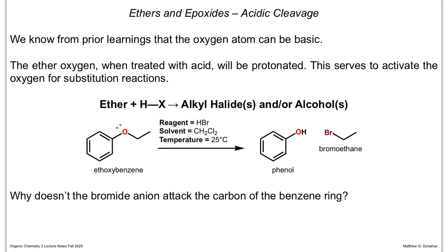So if we put our lone pairs on that oxygen, if we treat that ether with HBr, which is a strong acid, we're going to protonate that oxygen. So that's an acid-base reaction.